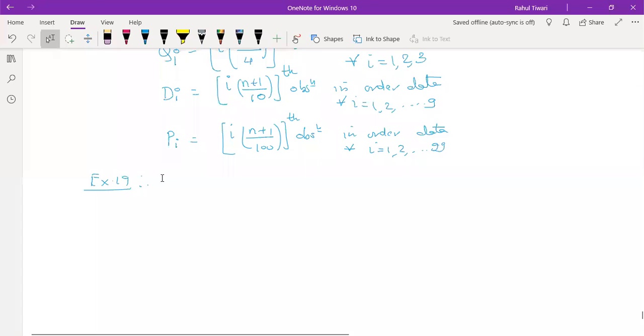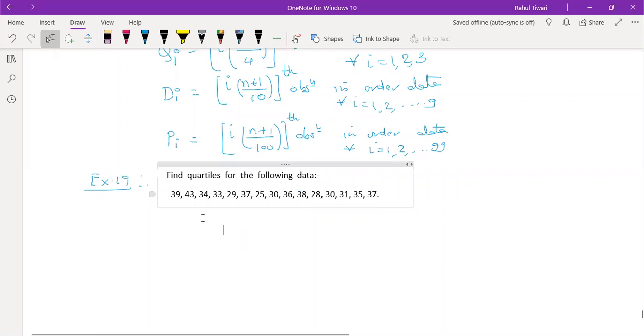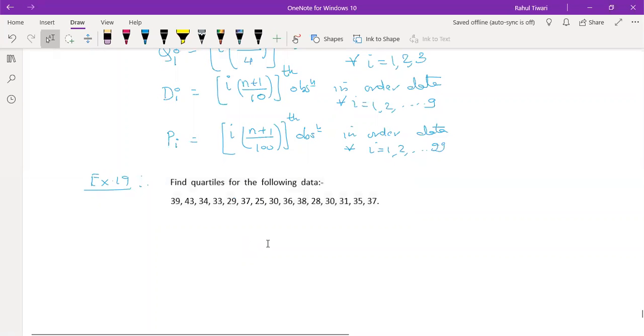Suppose this is my data. Find quartiles for the following data. And these are the data I have.